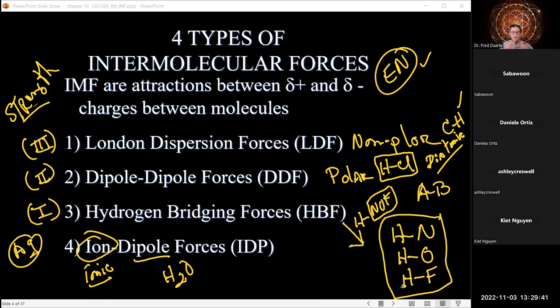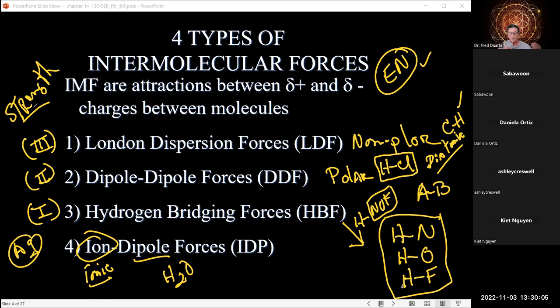So hopefully you can start seeing where I'm getting to. Earlier I said the boiling point was an example where we were putting energy into the system. And if the intermolecular forces are strong, then it's going to take a lot more energy to break them up to get something to go from solid to liquid to gas.